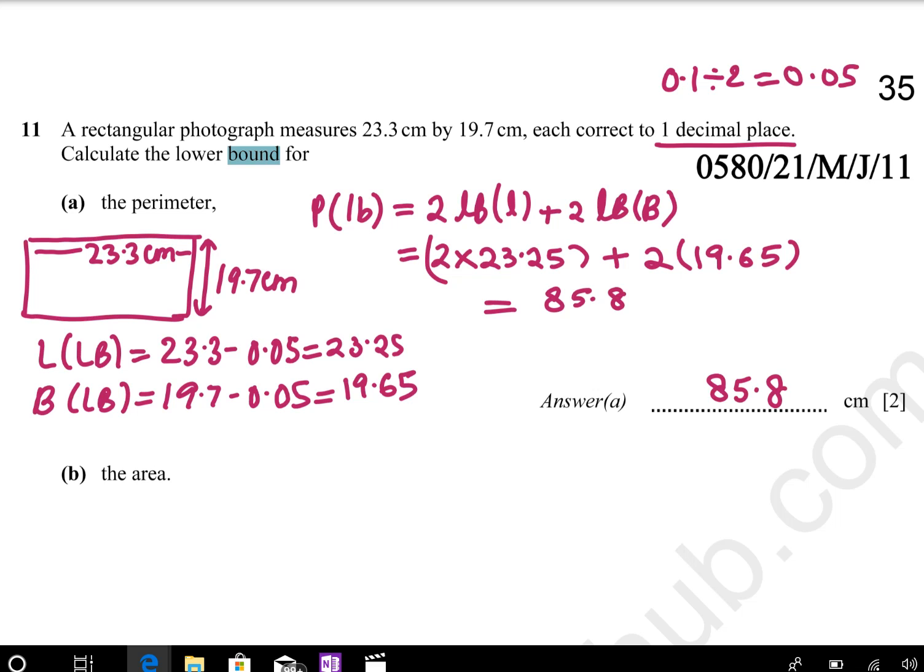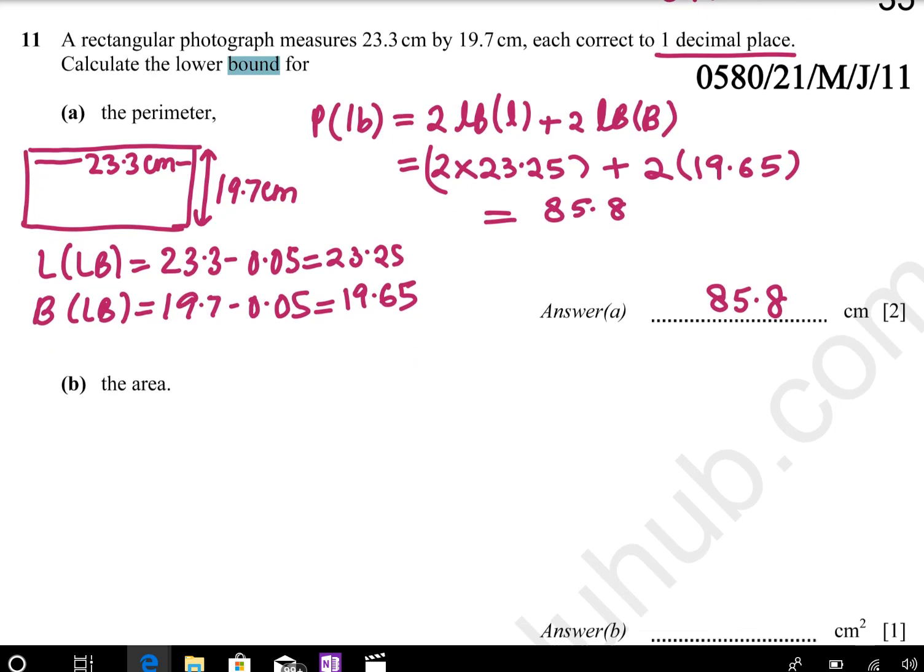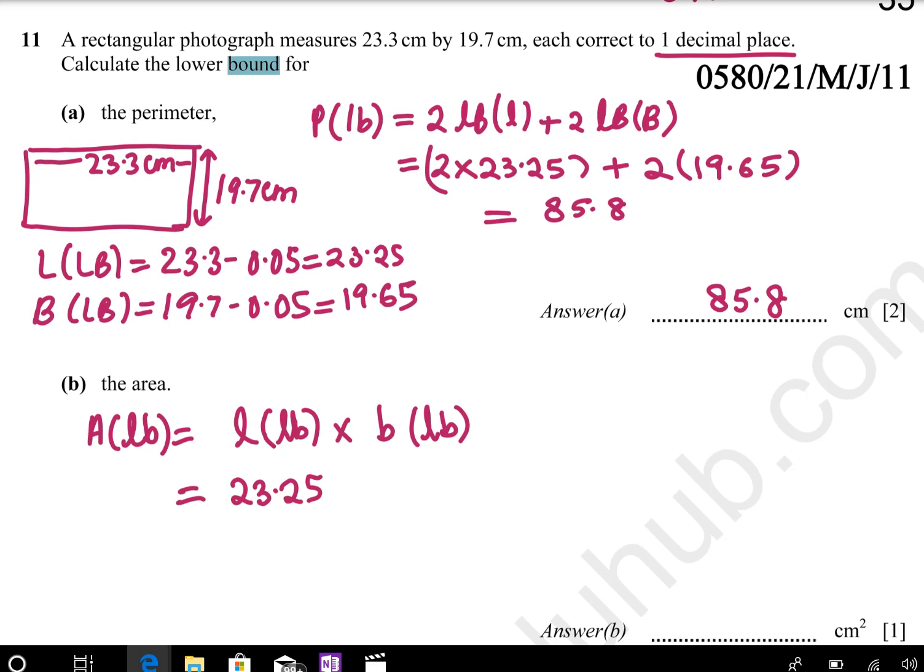Okay, so next is the area. Now area is what? Again, they've told you lower bound. So you can just write down area lower bound is equal to length lower bound into breadth lower bound. Now length lower bound is how much? It's 23.25. We just found out.